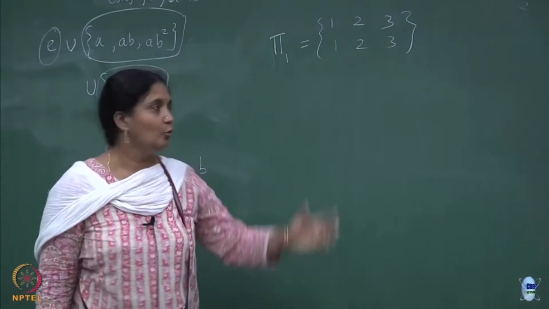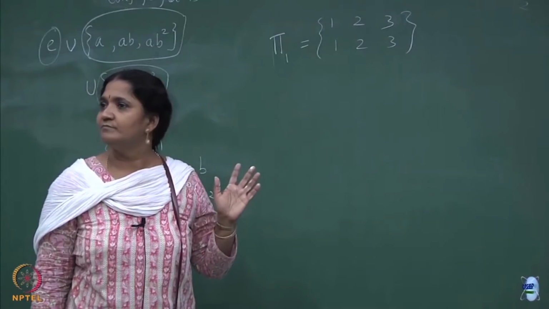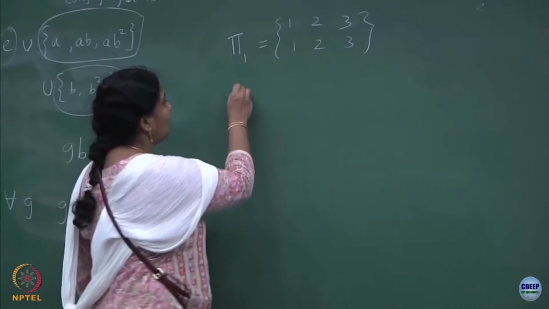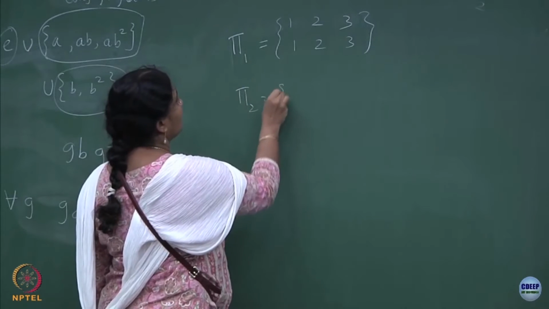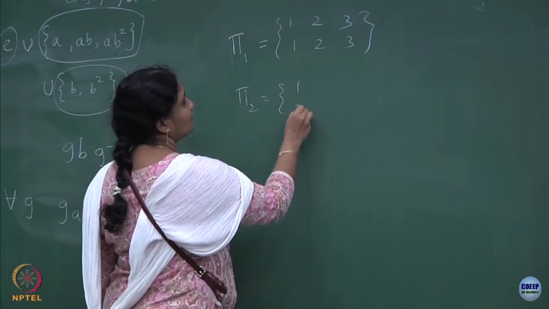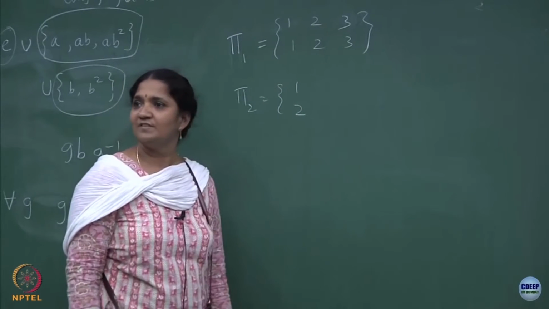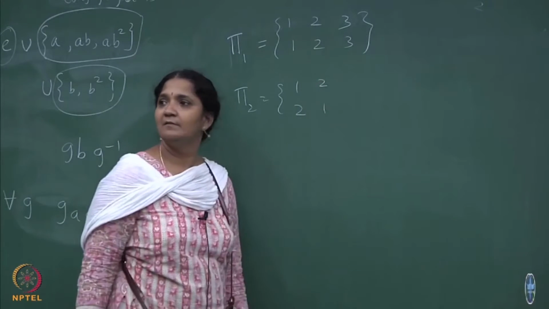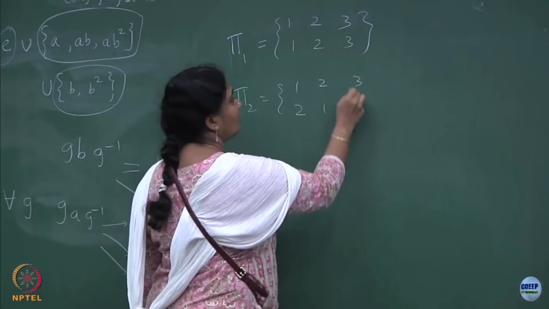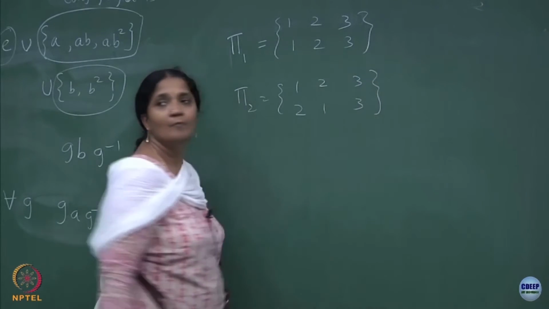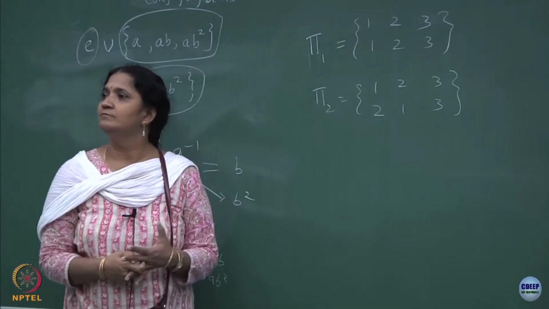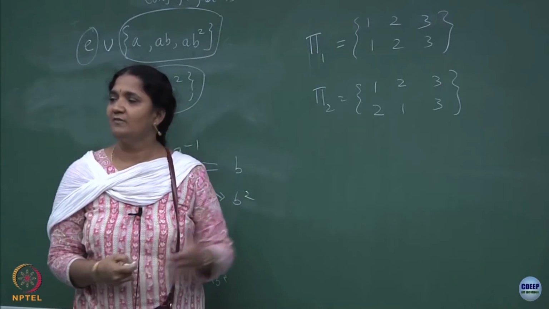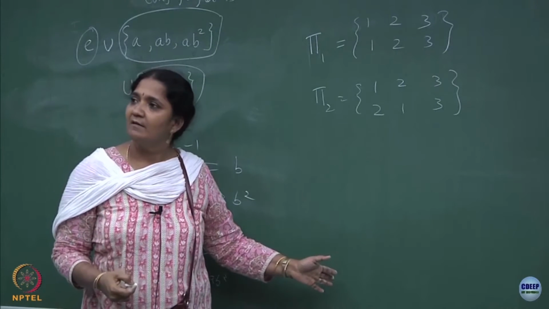No change, no permutation. The second one could be one changes to the second position, the second one goes to the first position, and the 3 is not touched. This is one possibility, and so on. We can start listing everything.